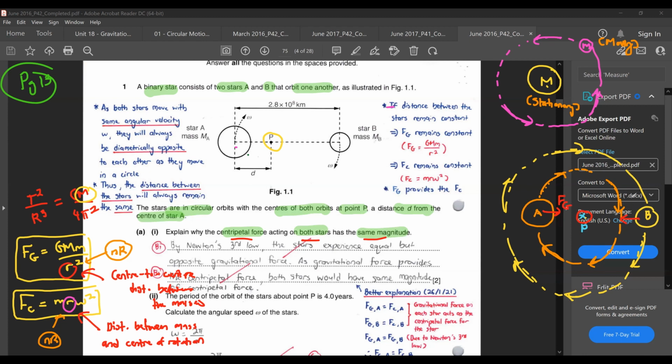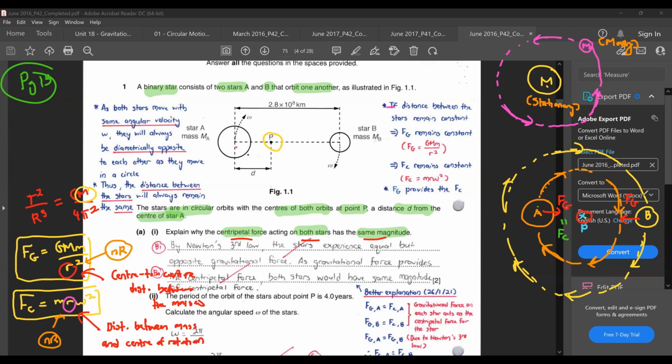So the Fg on A would be the same as Fg on B. And we know that gravitational force is the one that provides us our centripetal force. So here I can say that Fg for A provides me my centripetal force for A to move in a circle.